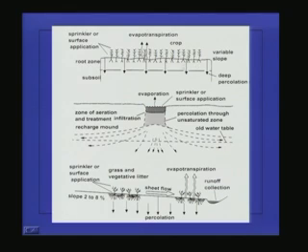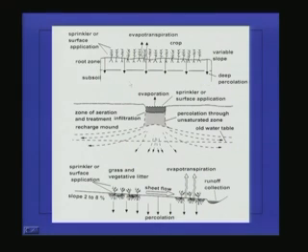Those microorganisms will be taking care of the organic matter and other nutrients present in the system, and they will be removed. The leftover water, which is relatively clean, will be percolating through the soil, and finally it will be reaching the groundwater.